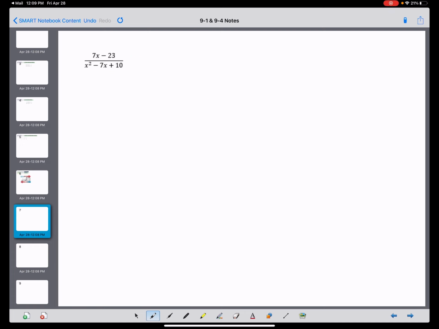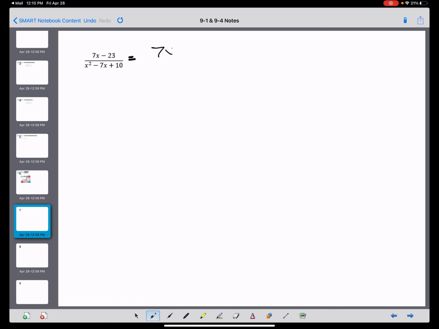Here we have 7x minus 23 all over x squared minus 7x plus 10. The first thing you should do is factor your denominator.